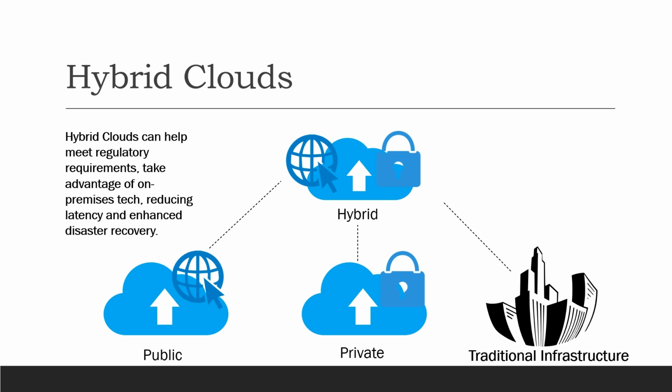A hybrid car combines the capabilities of electric cars and also the capabilities of diesel cars, meaning that you get the best of both worlds, which can maybe improve your horsepower and make you cleaner for the environment as well. So that's basically a hybrid cloud: public and private combined.